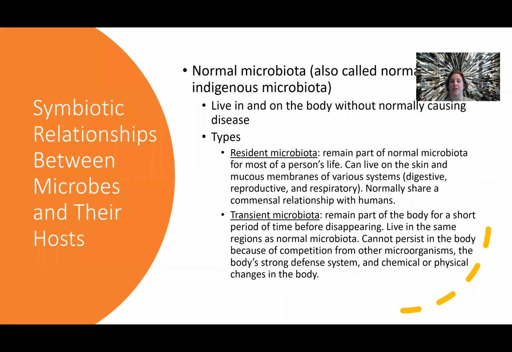And so we would say that they have a commensal relationship with humans. But then we also have transient microbiota. So if we took a full sample of our microbiota at any point in time, and then repeated that weeks or years later, some organisms would still be there. Those would be our resident microbiota, and some would be different. And the ones that are different, we would consider transient microbiota.